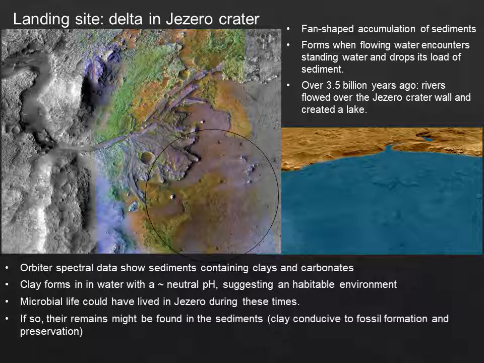And therefore, microbial life could have lived in Jezero at the time when there was standing water in the crater. And if so, the remains of these organisms might be found in the delta's sediments, as clay is particularly conducive to fossil formation and preservation.